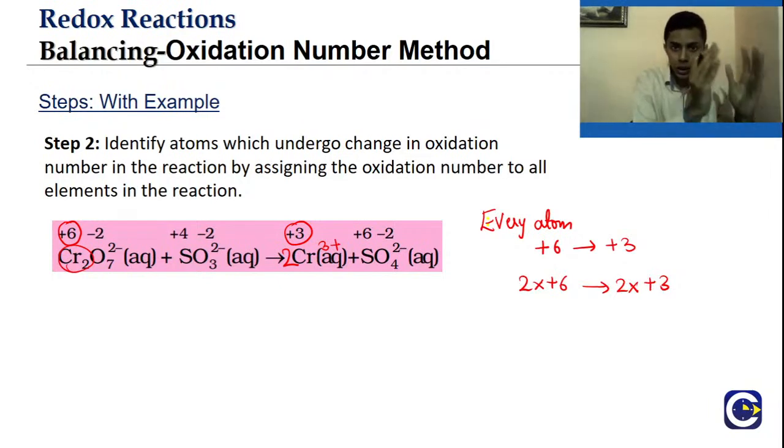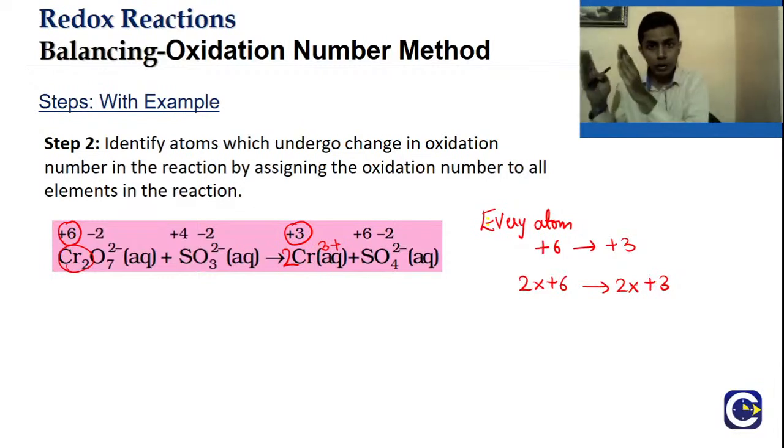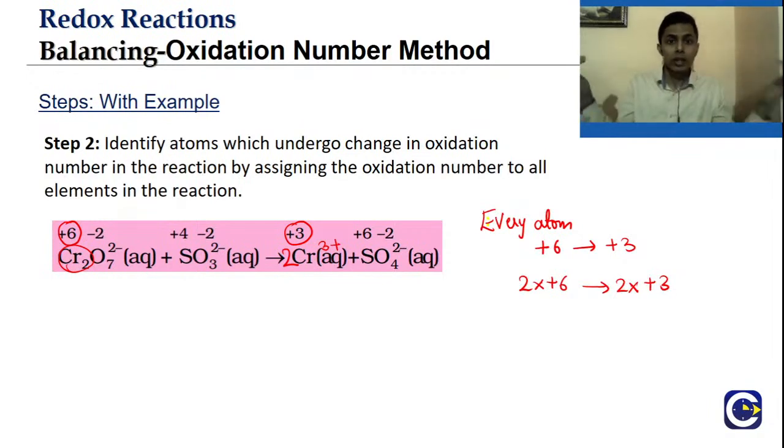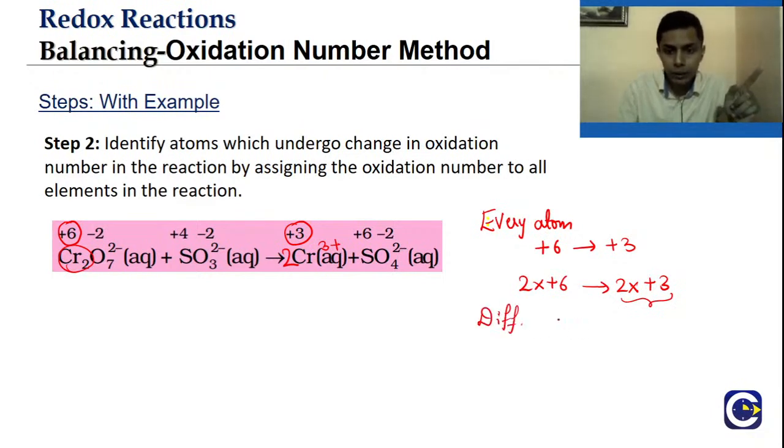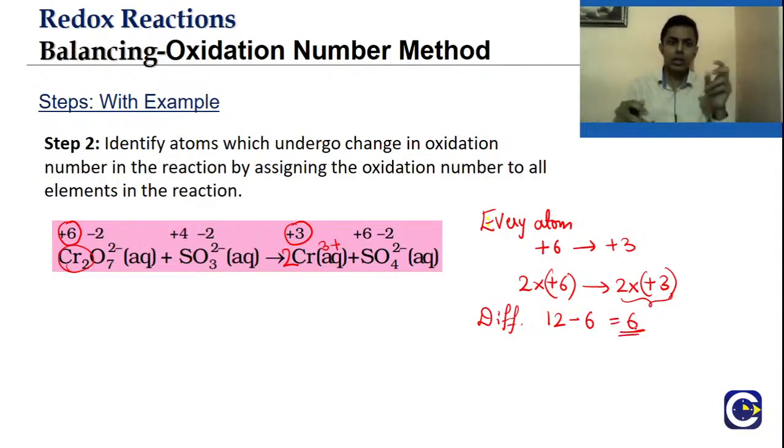The notional charge of chromium in the reactant and the notional charge of chromium in the product, the difference of those two is the change in oxidation number. So it is 2 into plus 6, and in the product it is 2 into plus 3. So what is the difference? 2 into plus 6 is 12, and 2 into plus 3 is 6. So the difference in oxidation number is 6.